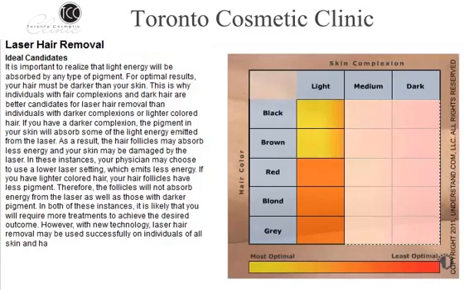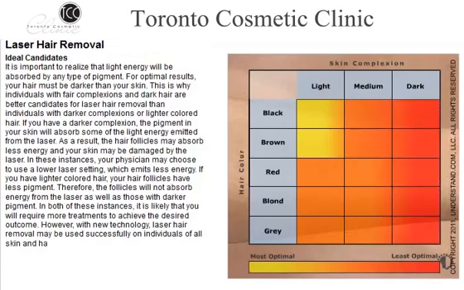If you have a darker complexion, the pigment in your skin will absorb some of the light energy emitted from the laser. As a result, the hair follicles may absorb less energy, and your skin may be damaged by the laser. In these instances, your physician may choose to use a lower laser setting, which emits less energy.